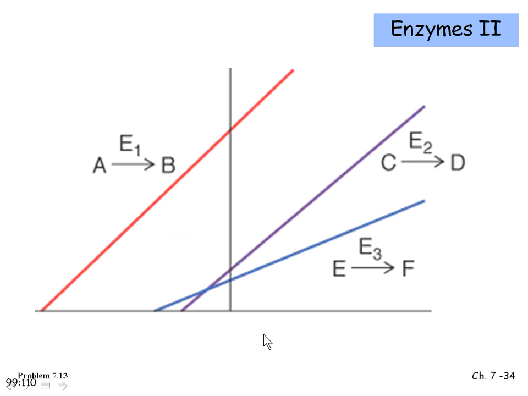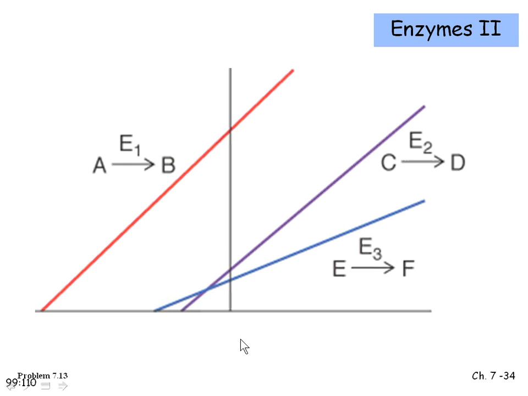If we look at this family of enzymes, E1, 2, and 3, which of these enzymes has the highest Vmax? E3, okay, and that's based on?